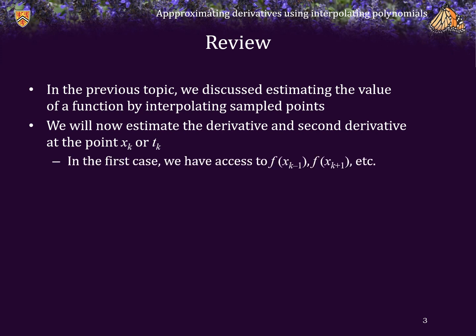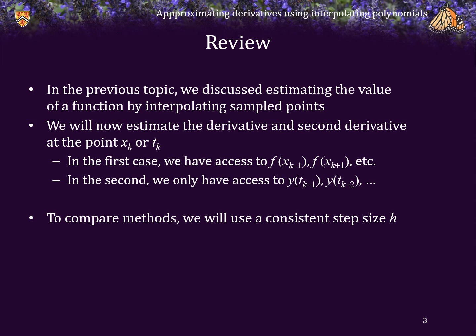Now, in the first case, we're going to have access to information or samples of the function both to the left and to the right of the value x sub k. However, in the second, we are going to assume that we are at the time t sub k now. We have the most recent data point, but we only have access to previous y values.